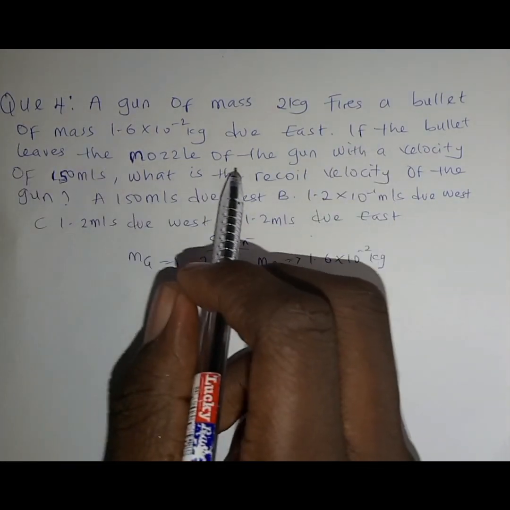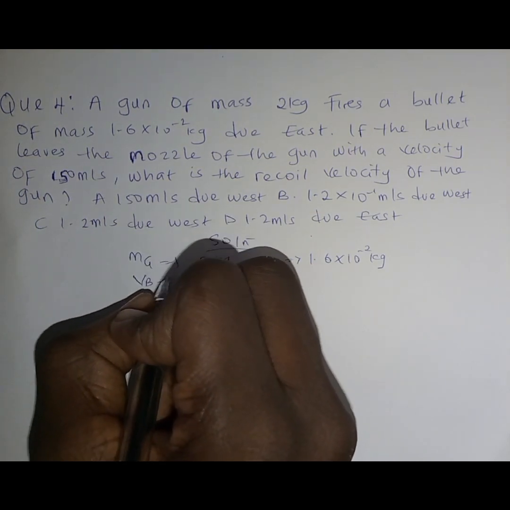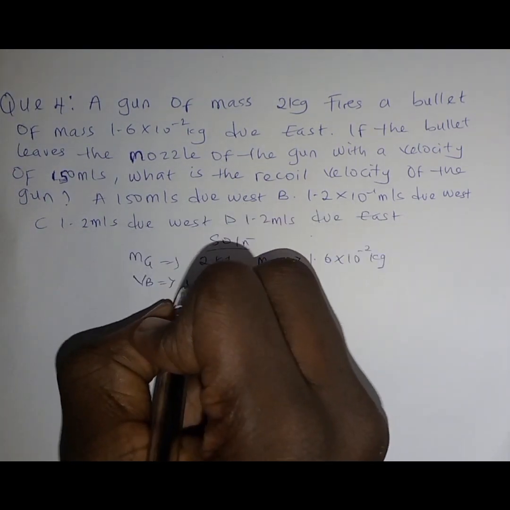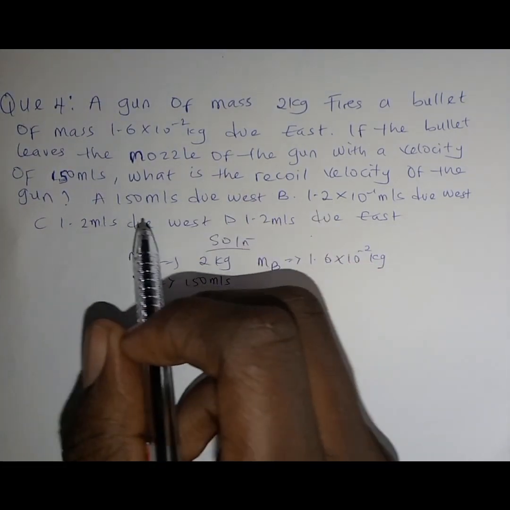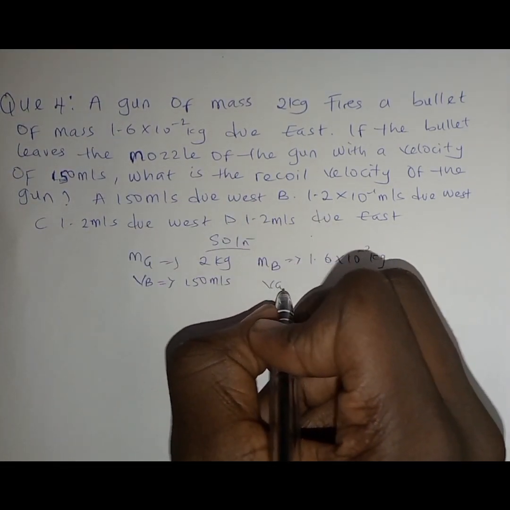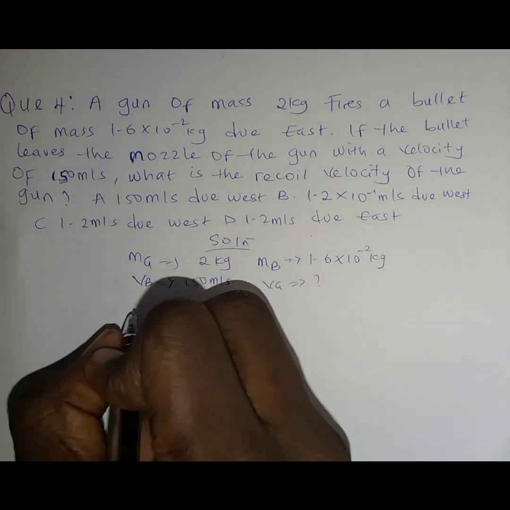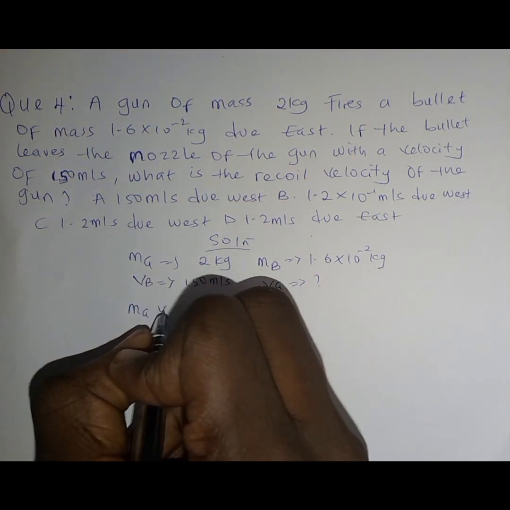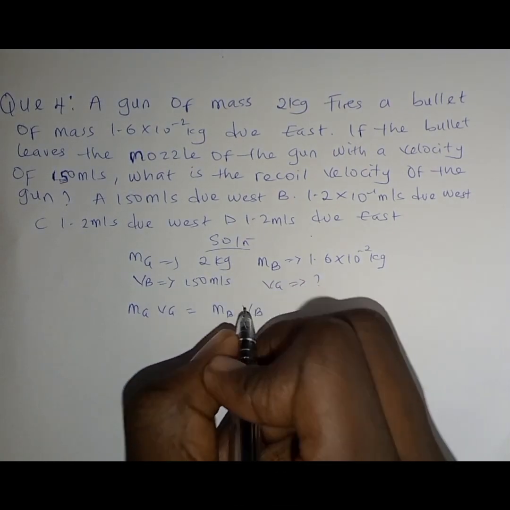If the bullet leaves the nozzle of the gun with a velocity of 150 meters per second, what is the required velocity of the gun? Since these questions fall under recoil of gun, I've told you that the formula is mg vg equals mb vb.